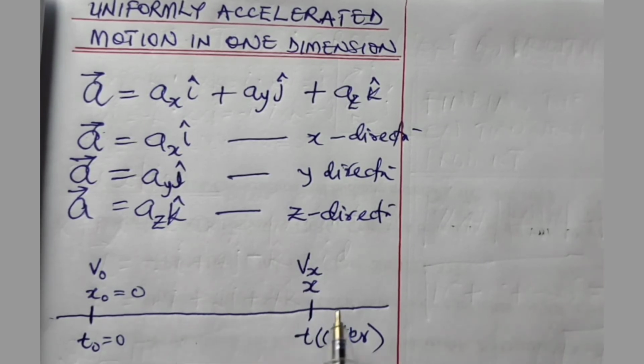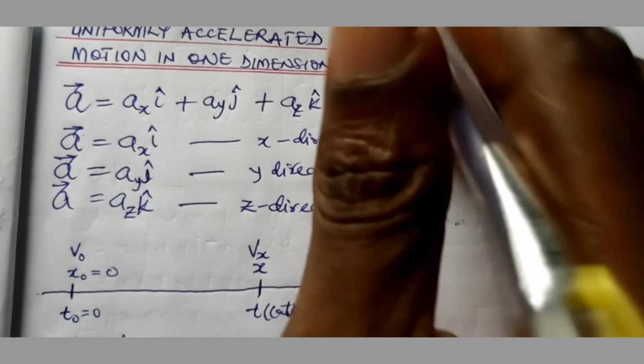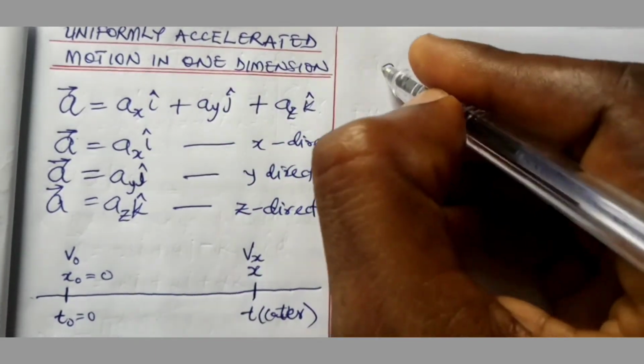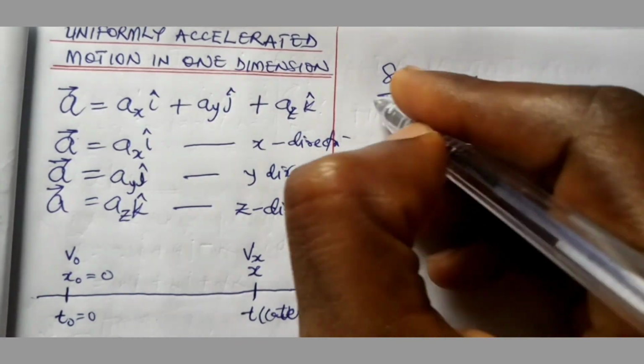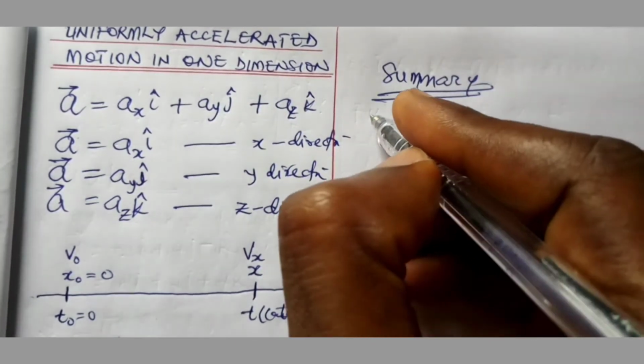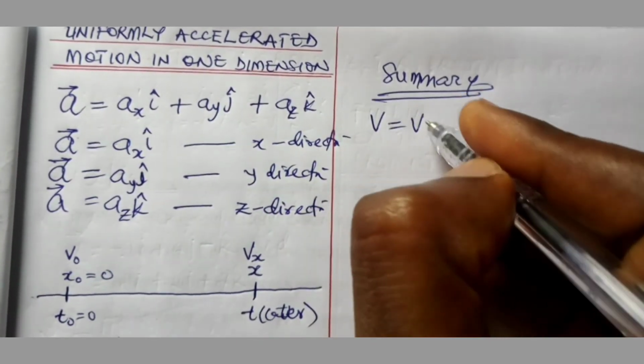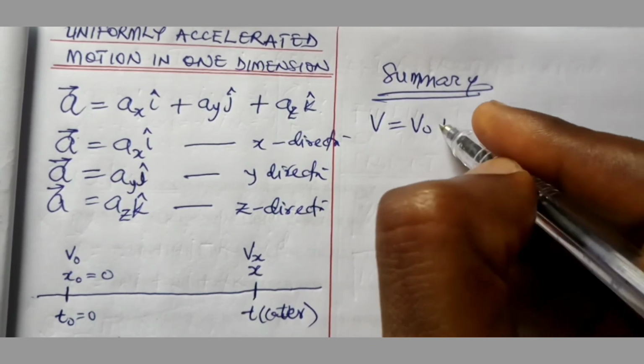The displacement is x after the time t. So the summary of the equations that we have obtained for rectilinear motion are: v is equal to v0 plus at.